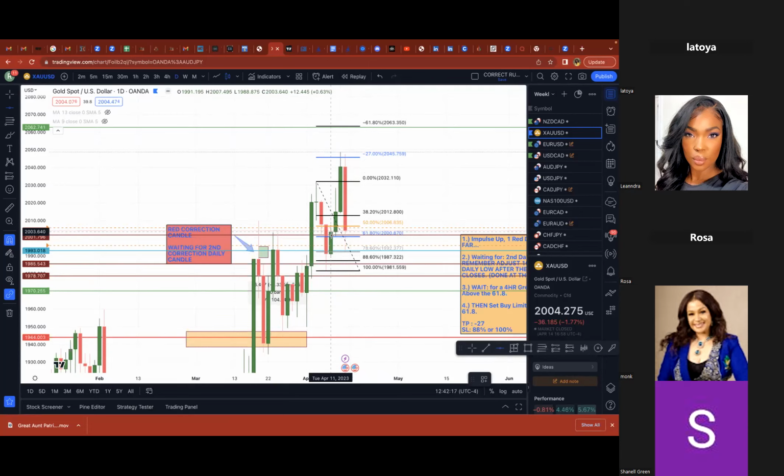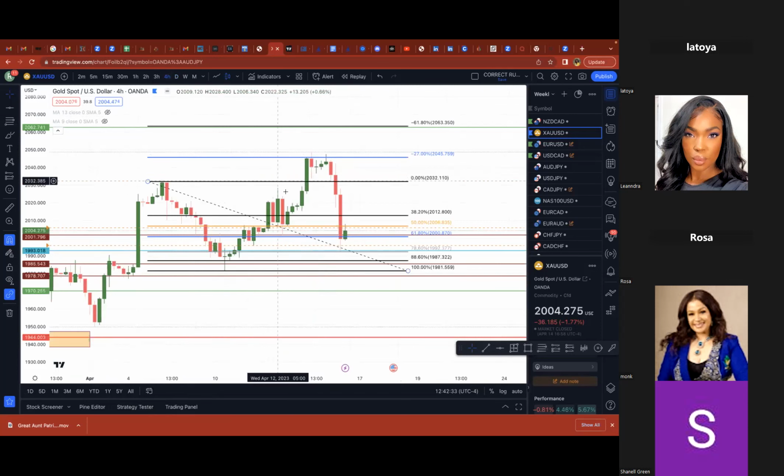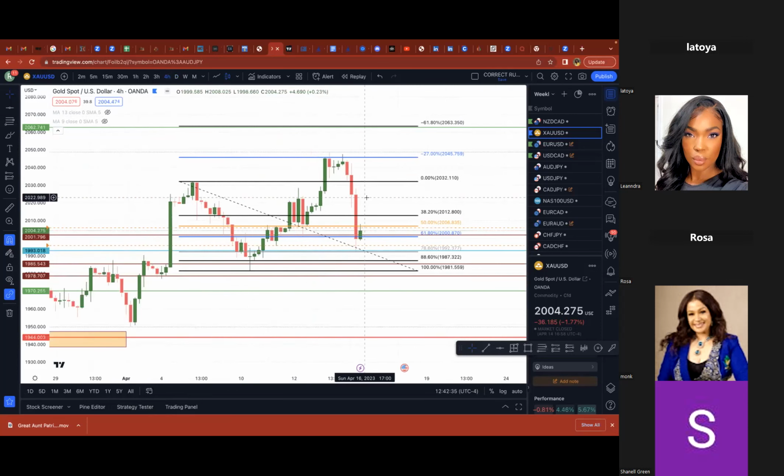So I'm gonna put a line right there. Oh, I guess I already did it. So you're gonna see this is the burgundy line here. Okay, we're gonna go back on the 4 hour and follow that burgundy line, because our 4 hour is where we want to grasp our entry.